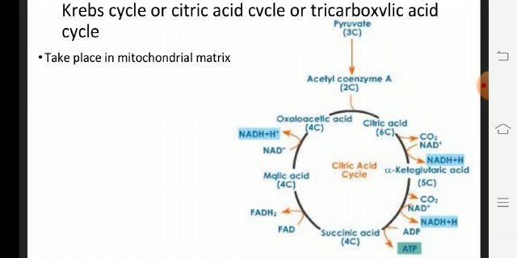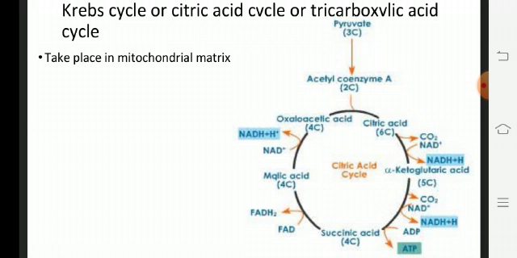It takes place inside the cytoplasm, and from the cytoplasm pyruvic acid enters into the mitochondrial matrix. Okay, this is about the Krebs cycle.